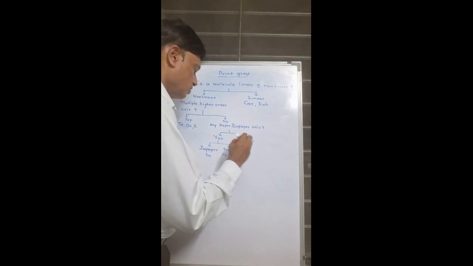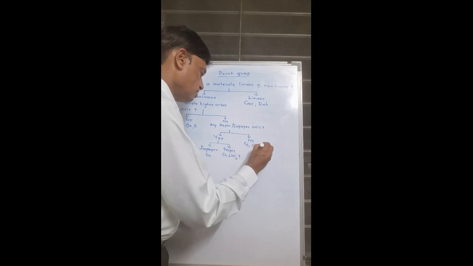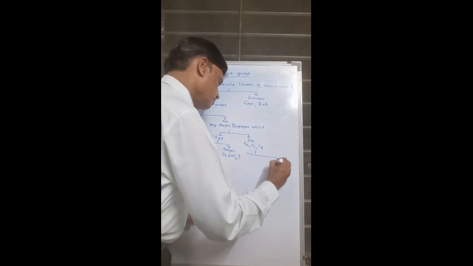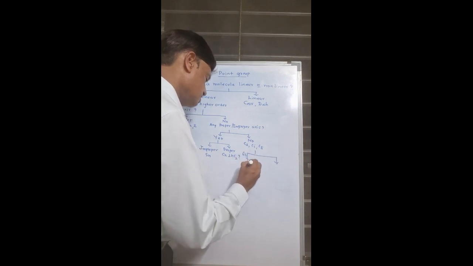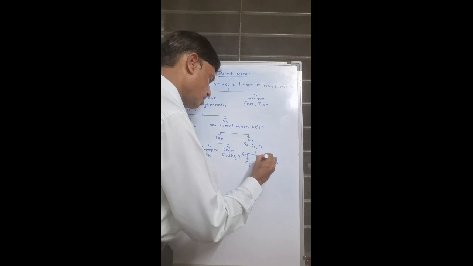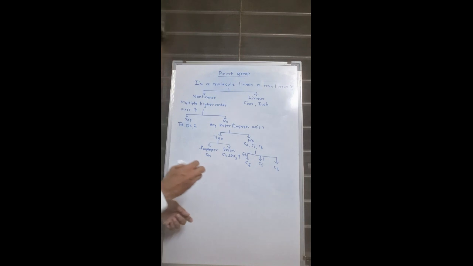No. Then we have to make a question: C1, Cs or Ci. Sigma h is present, Cs. i is present, Ci. Both are present, right? C1, both are absent, then C1.